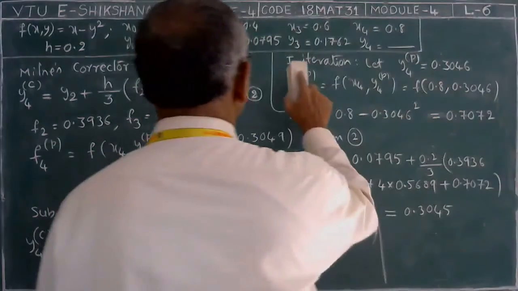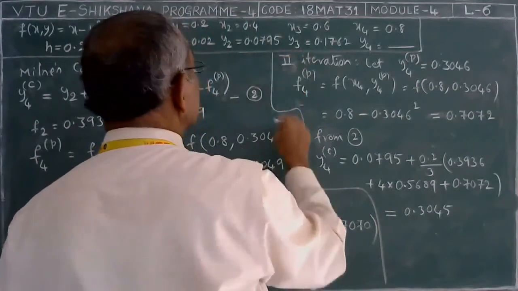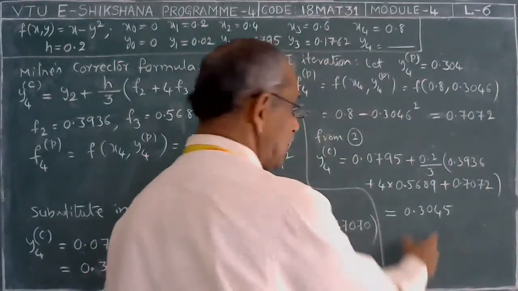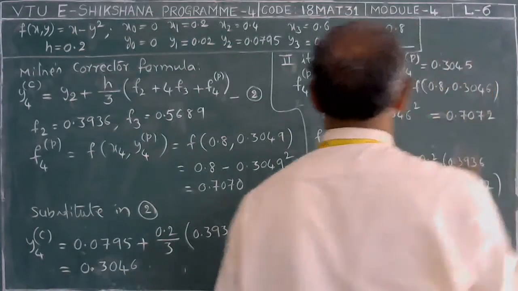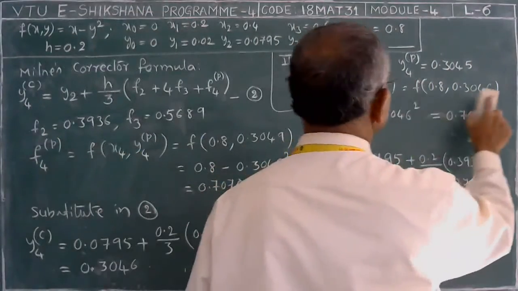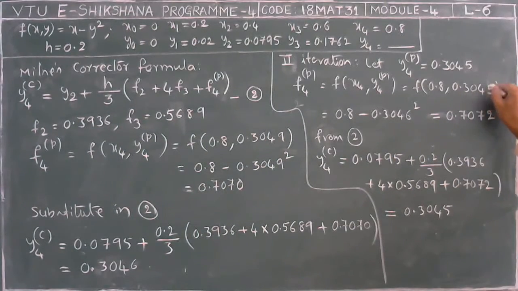Let me call this the second iteration. Take this as F4P, 0.3045. Everything else is the same; I'll just change here only, but this is the procedure.